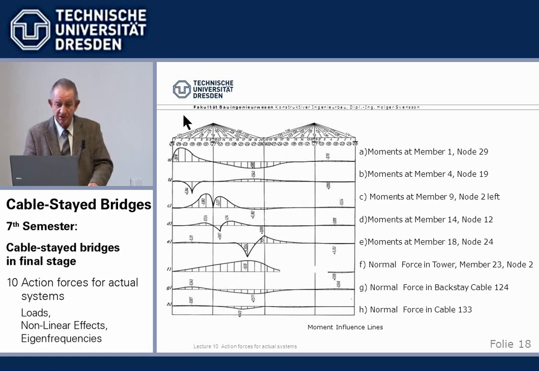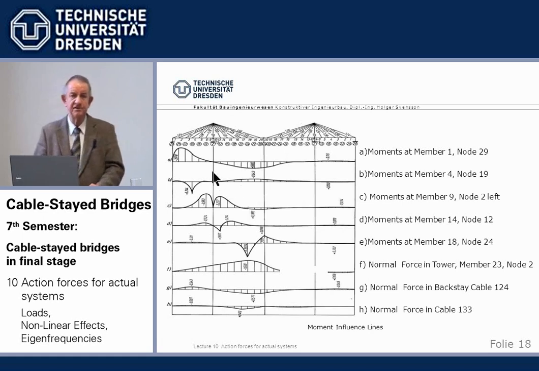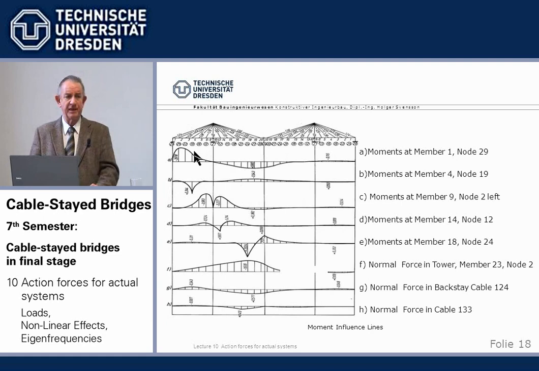If we now look at influence lines, which show us how much a moment at a given place becomes if I place a load somewhere else, then we see here, if we want the moment, member 9, node 2 left, the beam moment at the support.